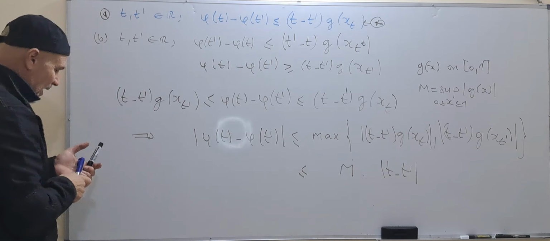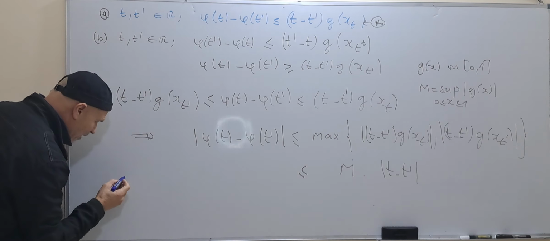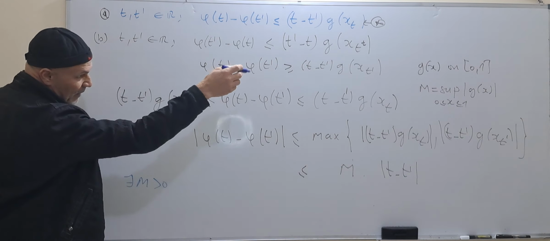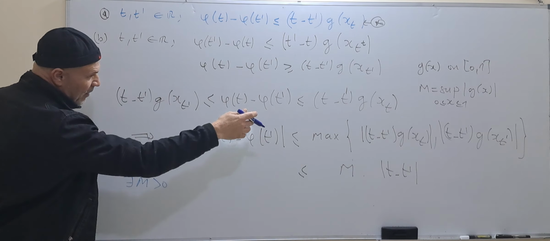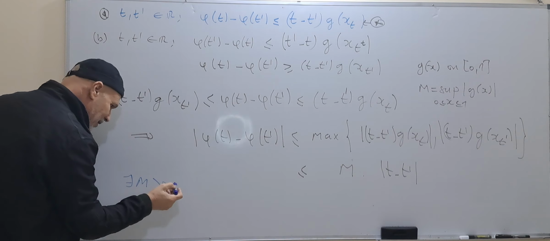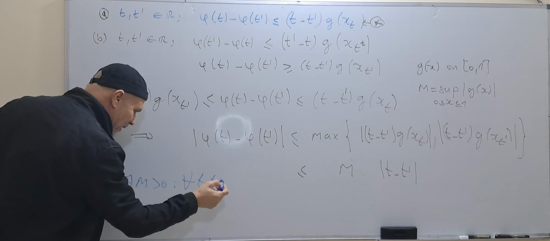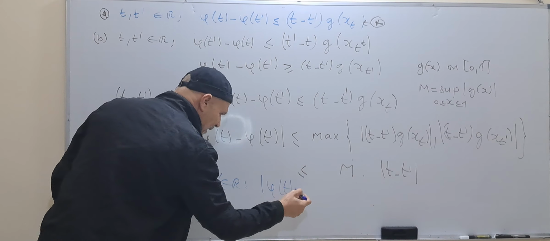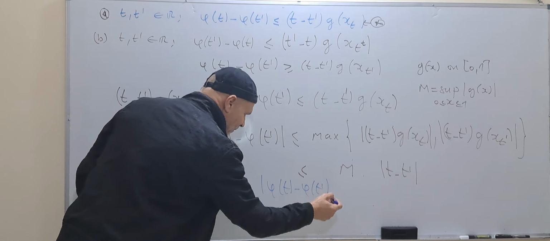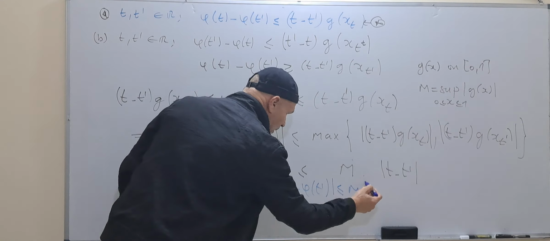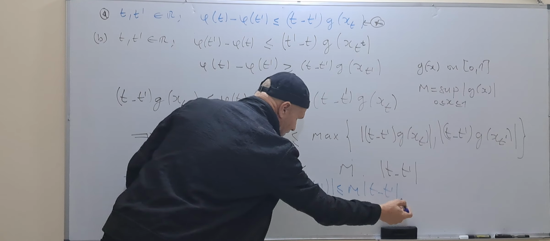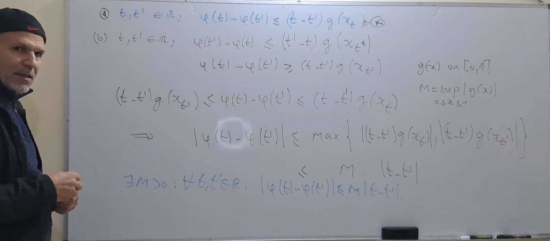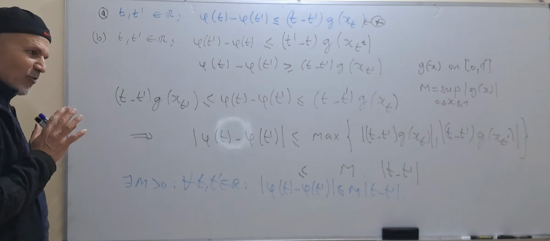Finally, there exists m, which is positive and is the absolute value, the maximum of this function, such that for all t and t prime from R, one has phi of t minus phi of t prime is less than or equal to m times t minus t prime. This means that it is Lipschitzian.